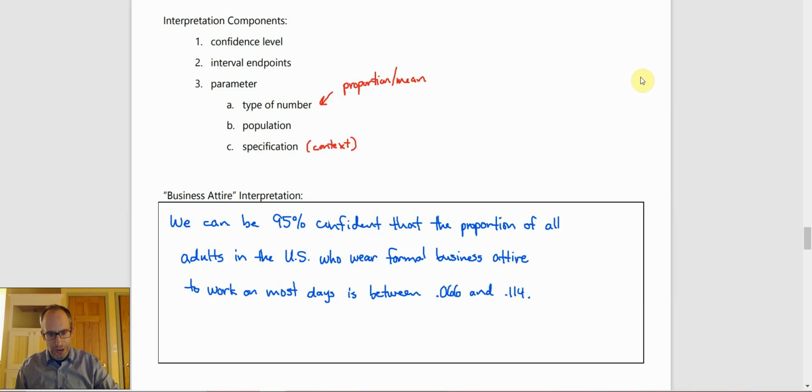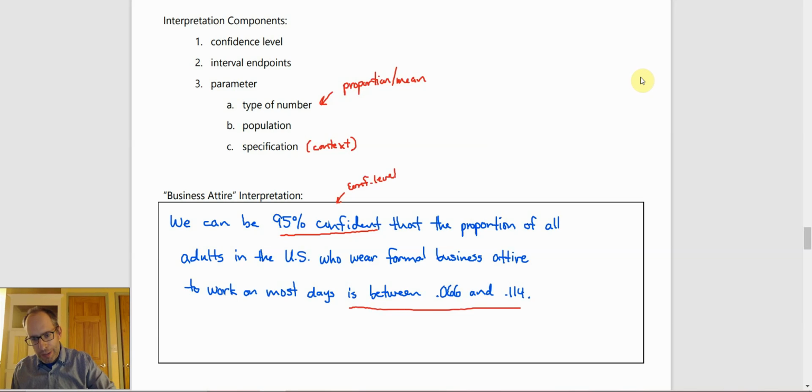So if we look here, so there's the 95% confident, and this is usually the easiest way to write it out. If you're going to write out the whole thing from scratch, put the confidence level at the beginning, right? So here's that. Right, so there's the confidence level. I probably don't need to label that. I'm sure that's really obvious that that's what that is, but I'm just going to label all the pieces.